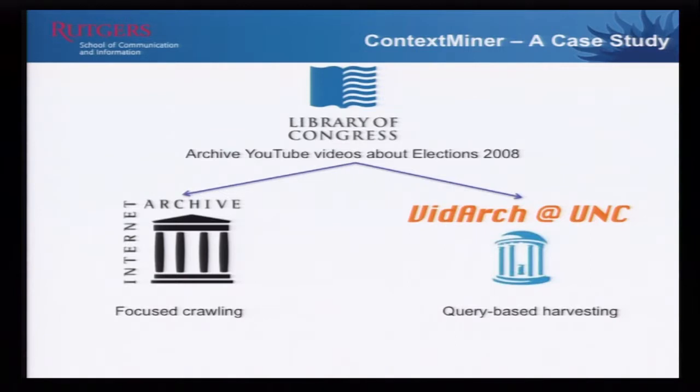What they would do, they would go to a candidate's campaign page and crawl their website to see if there are any YouTube videos, and then follow them to YouTube, and then scrape those pages. So sort of the web crawling that they're experts in, and they kind of did this more as focused crawling.